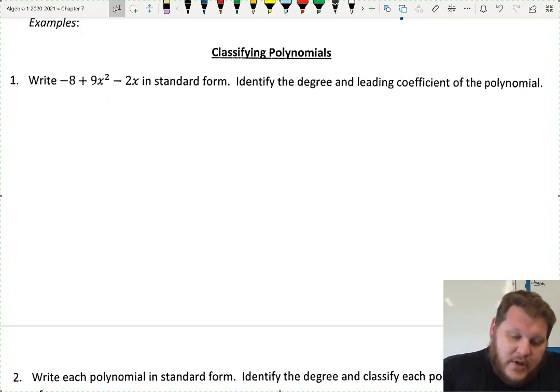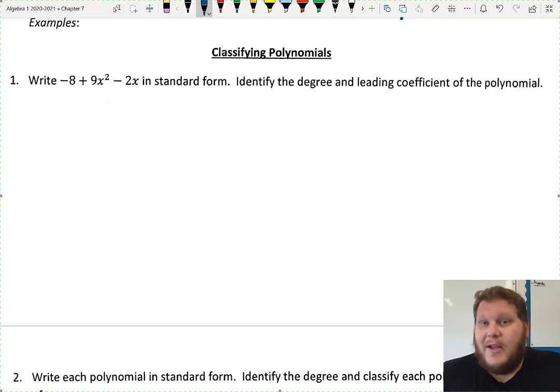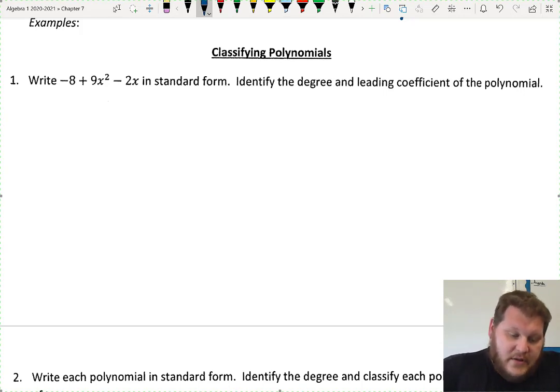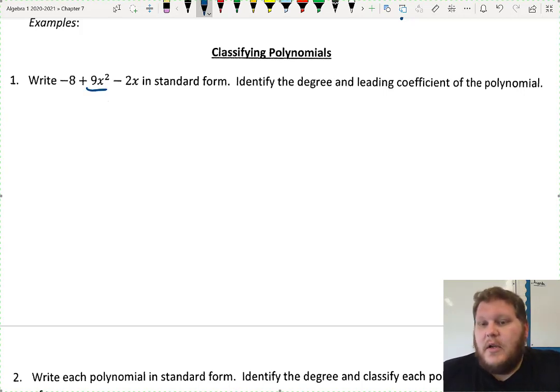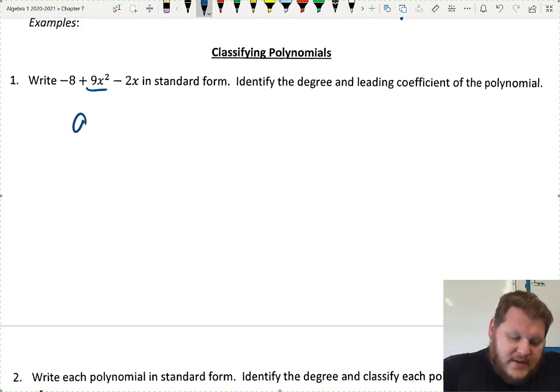So just looking through this one, to put it in standard form again means highest degree term first. So my 9x squared is the highest degree term. It has a positive in front of it, so it's going to stay as a positive 9x squared. My next highest term is this x term.